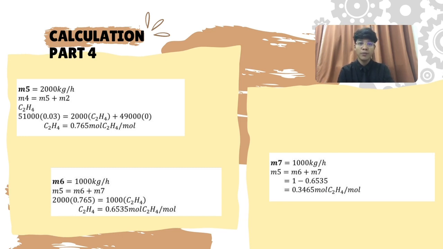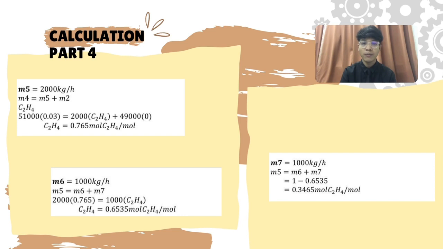We use M5, which is 2000, multiplied by 0.765 equals 1000 multiplied by x. We calculate, and the answer will be 0.6535.